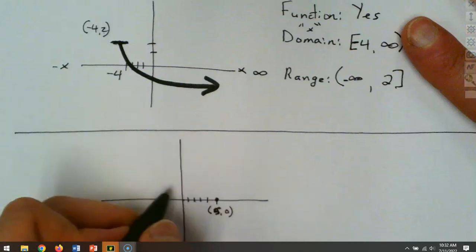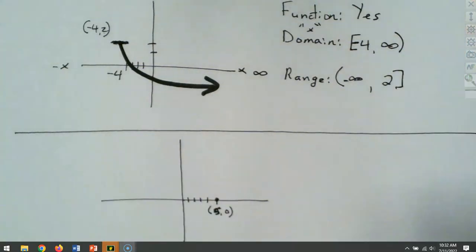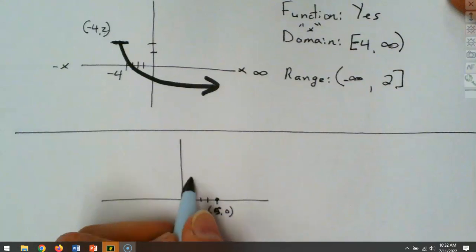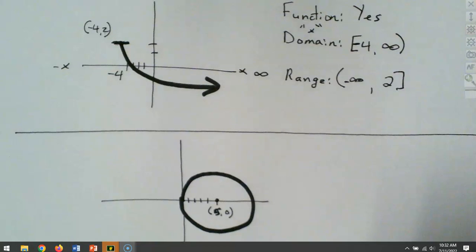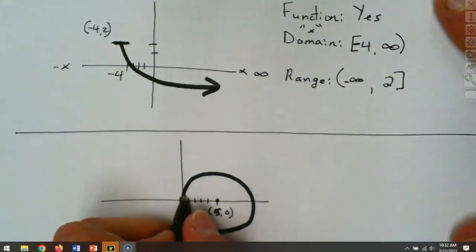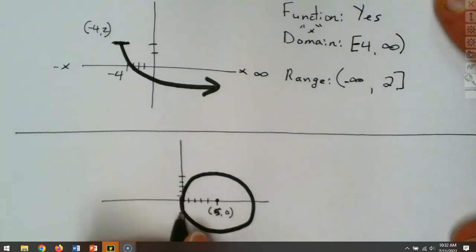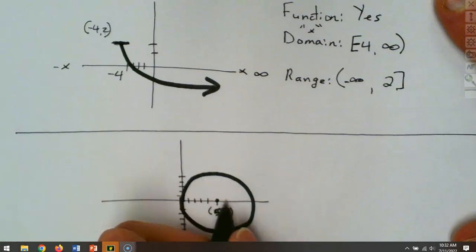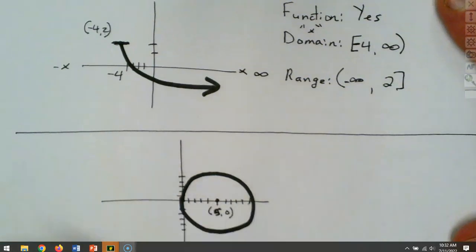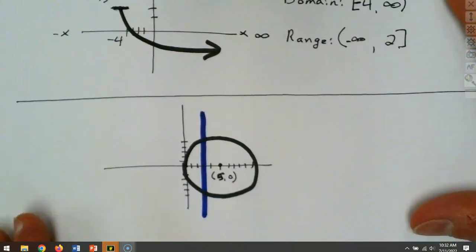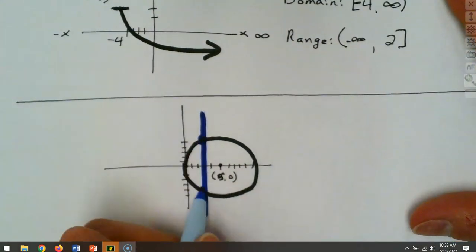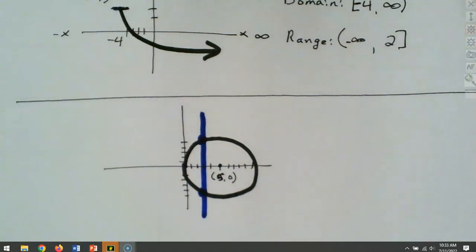I'll just kind of draw it here. So why is this one not a function? Well, this circle is not a function because if I draw a vertical line, that vertical line touches that circle at 2 spots. So this is not a function.